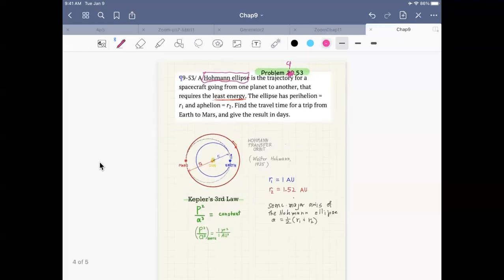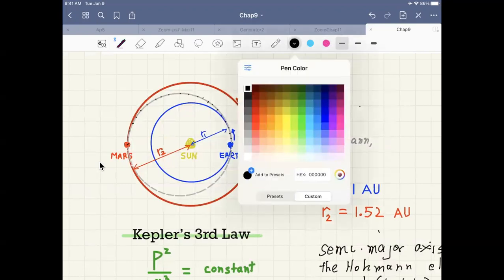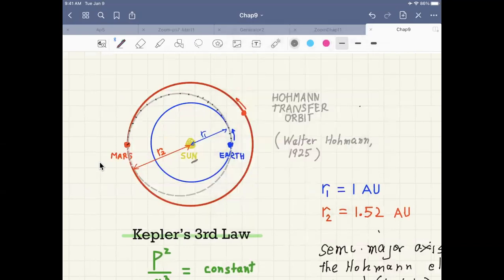So here's a picture of the problem. We always draw a picture. Here's the sun at the center. There's the sun. Here's the Earth in orbit around the sun. And so the satellite starts over here at the Earth. Now it is placed onto an orbit in which it revolves around the sun.